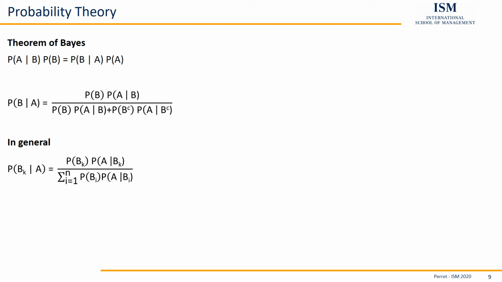Well, this more or less tells us what happens if we switch around the thing we are interested in with the condition. So here on the left side, in the first line, we have the probability of A under the condition B. What if instead I'm interested in the probability of B under the condition A? Then I'm basically turning this around.